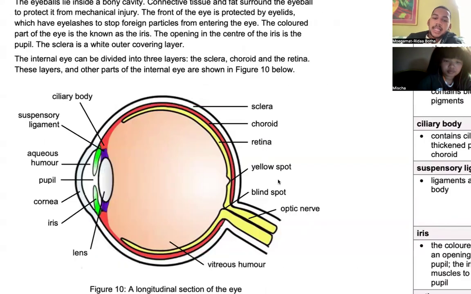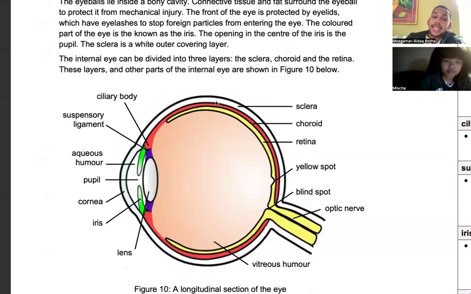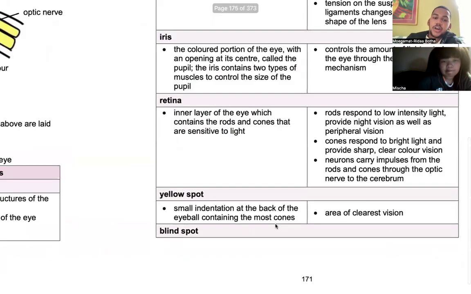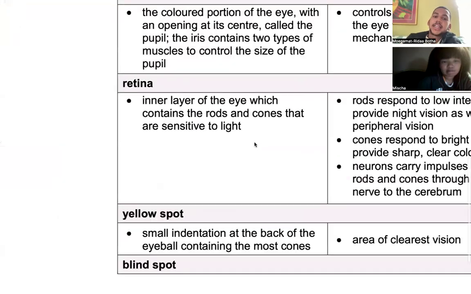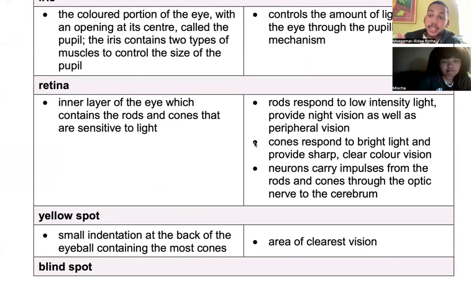Okay, and then you have your retina. The retina is over here. It is the inner layer of the eye which contains the rods and the cones that are sensitive to light. The rods respond to low light intensity or dim light and provide night vision as well as peripheral vision.